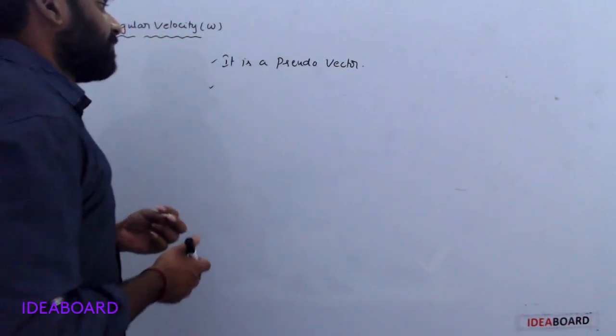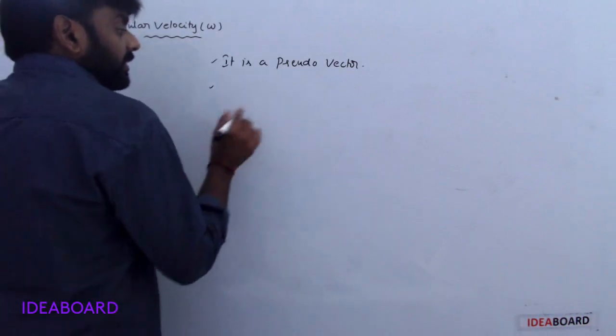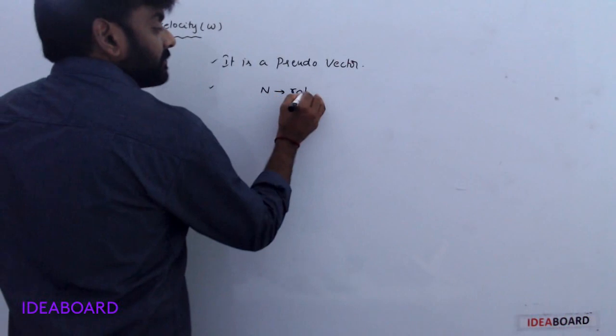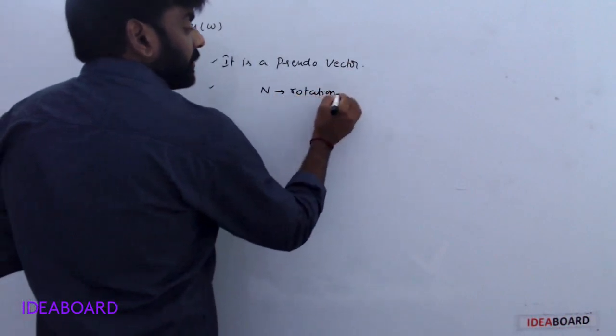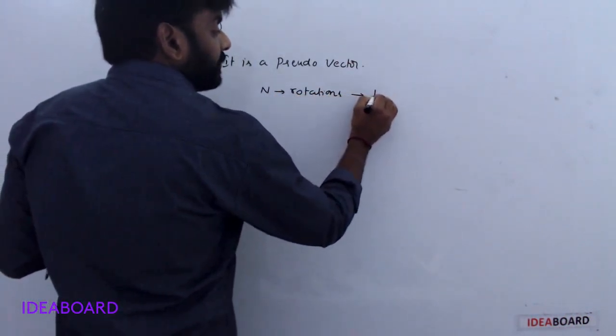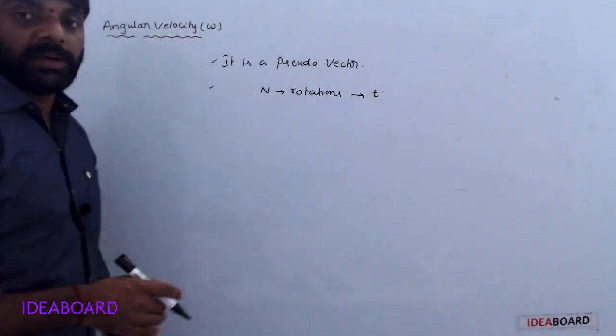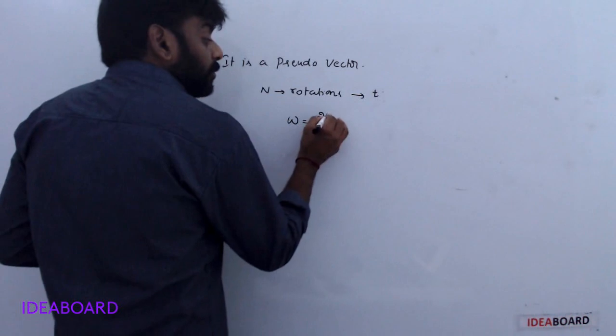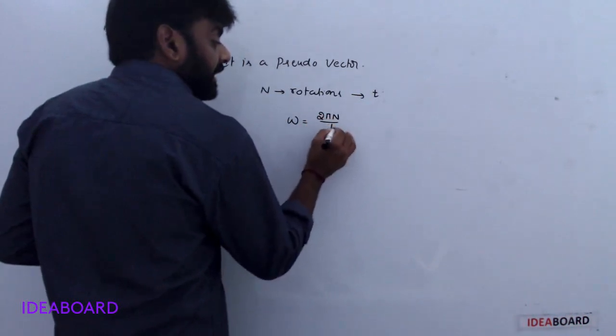Next, n rotations in the time of t. If n rotations are completed in the time of t, what is the angular velocity? Angular velocity is equal to 2 pi n by t.